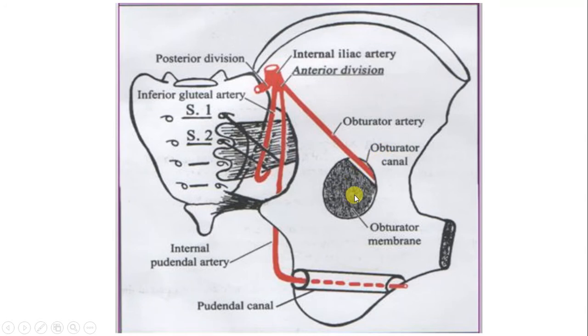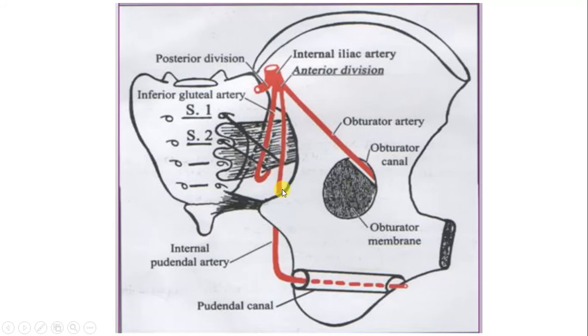This is the obturator membrane, and through this obturator canal it will move out of the pelvis. So this is the inner side of the pelvis, out of the pelvis into the medial compartment of the thigh.